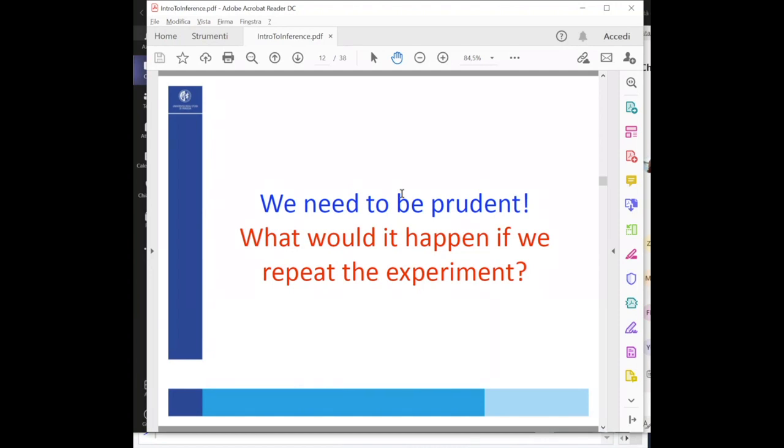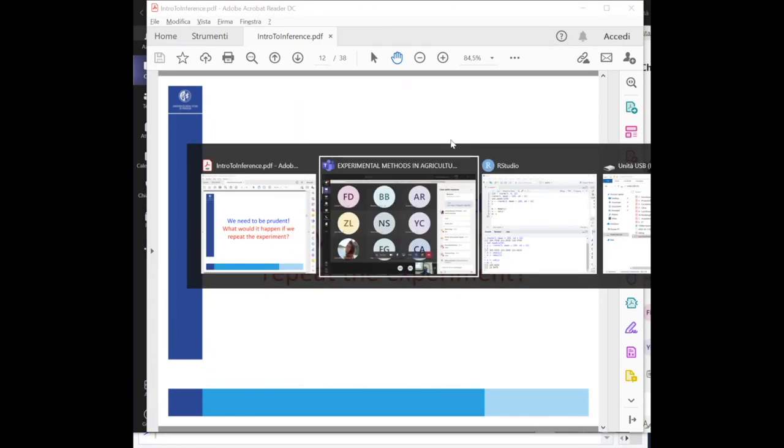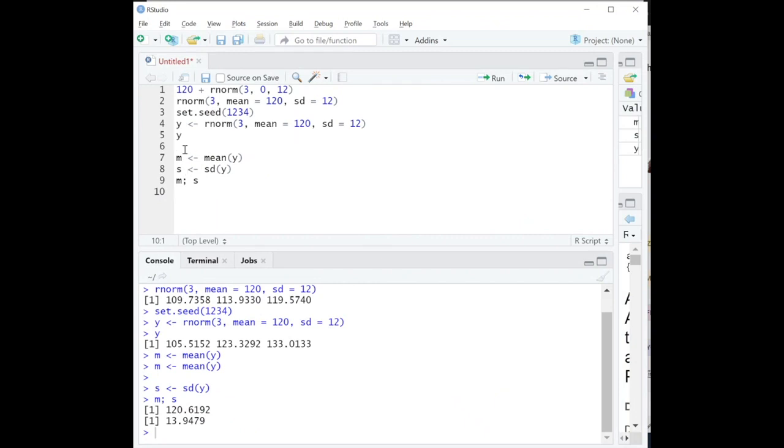We can do this now. Let's do a second experiment. That's pretty easy. We should also obtain the same result, but it's not certain. We obtain the same result only if we have set the seed. We did one simulation, and this is the second one for me.